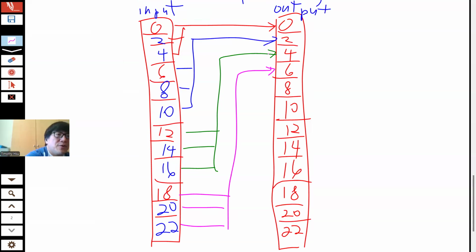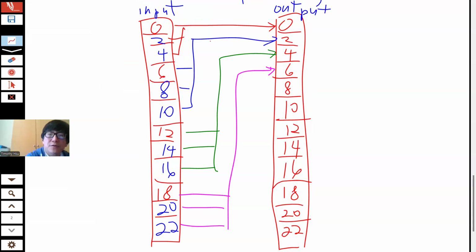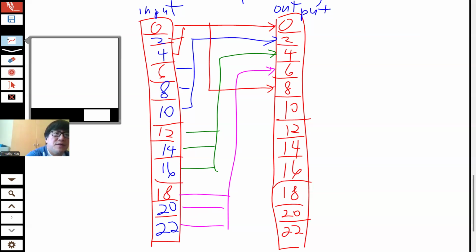Going back to red, the first three inputs go to 8. The next three inputs are what goes to 10.